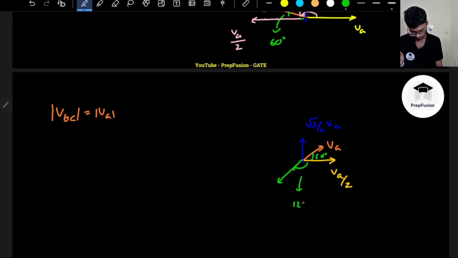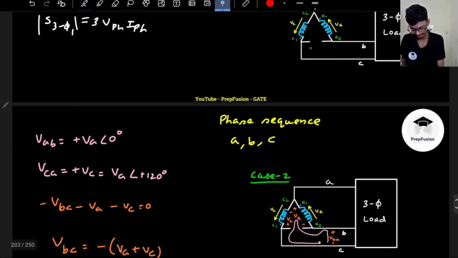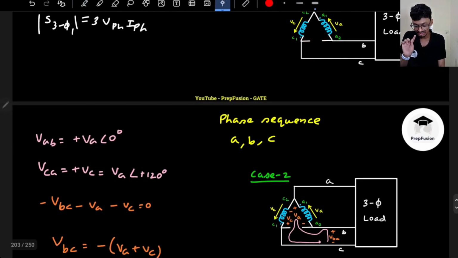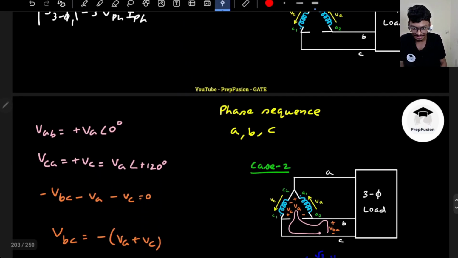From here you can directly understand that the voltages are maintained, although this phase is open. But since this phase is open, it will not be able to provide any current, so the other two phases will provide the current. What is the rating?